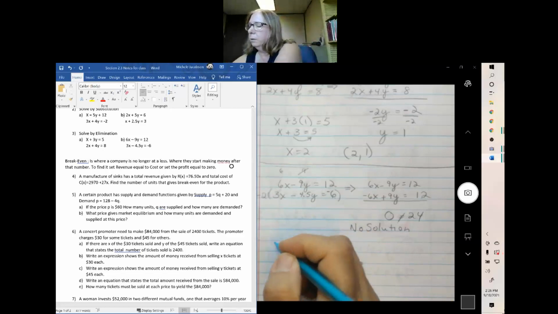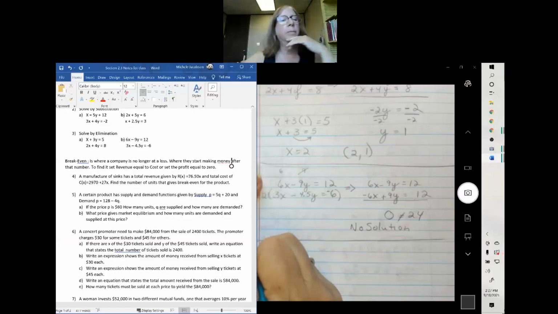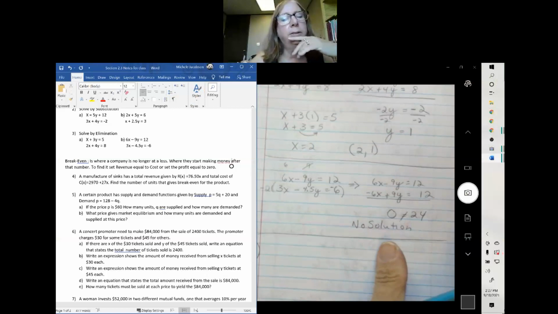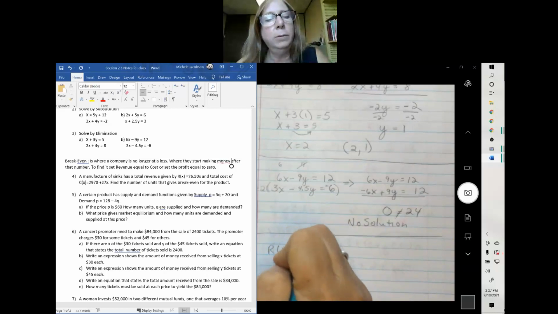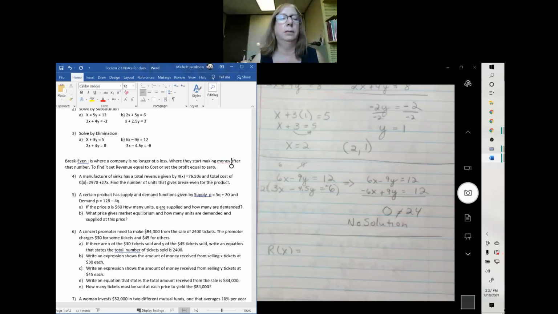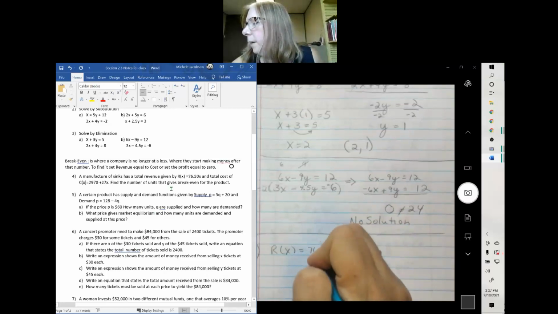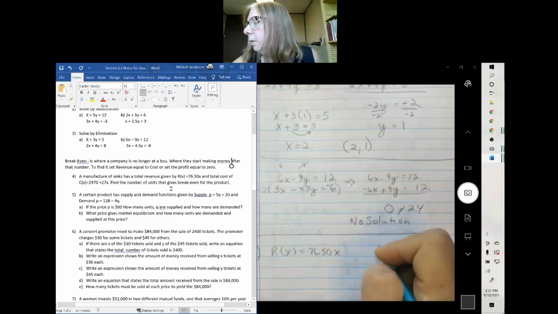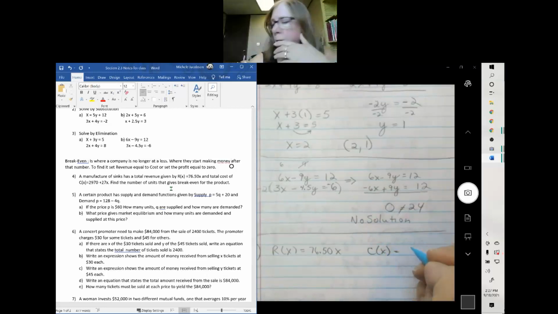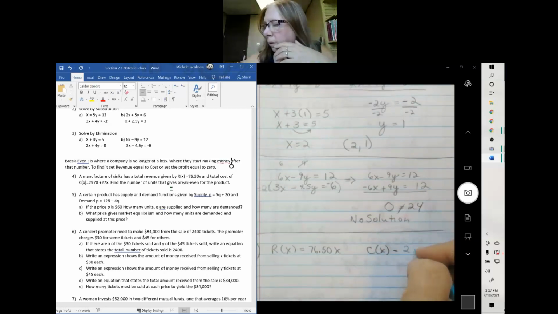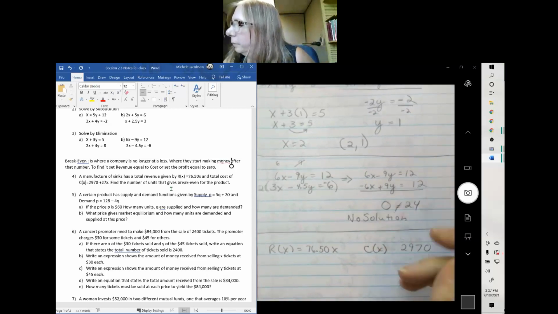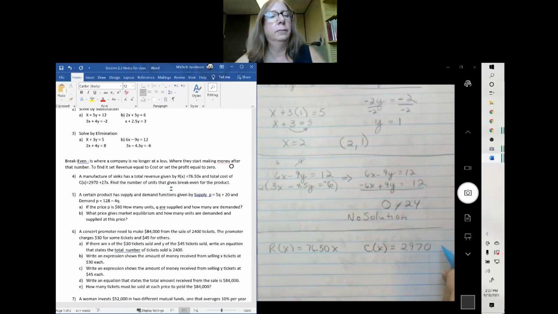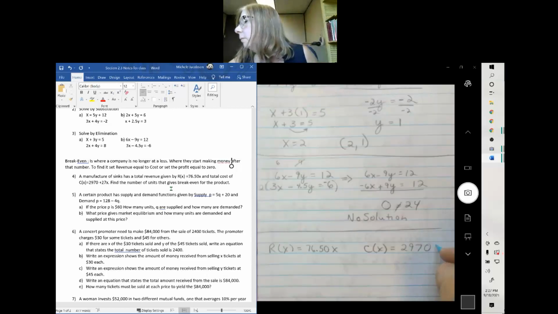Let's look at number 4. A manufacturer of sinks has a total revenue given of R of x equals 76.50x and a cost of $2,970 plus 27x.